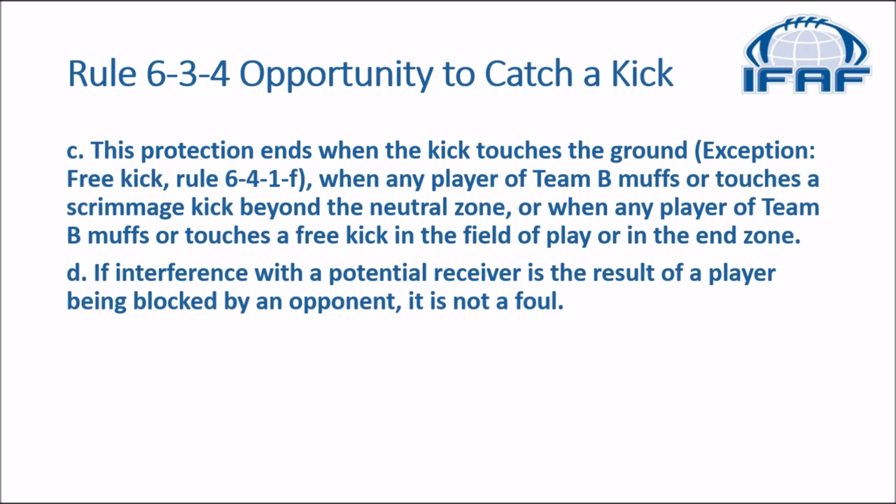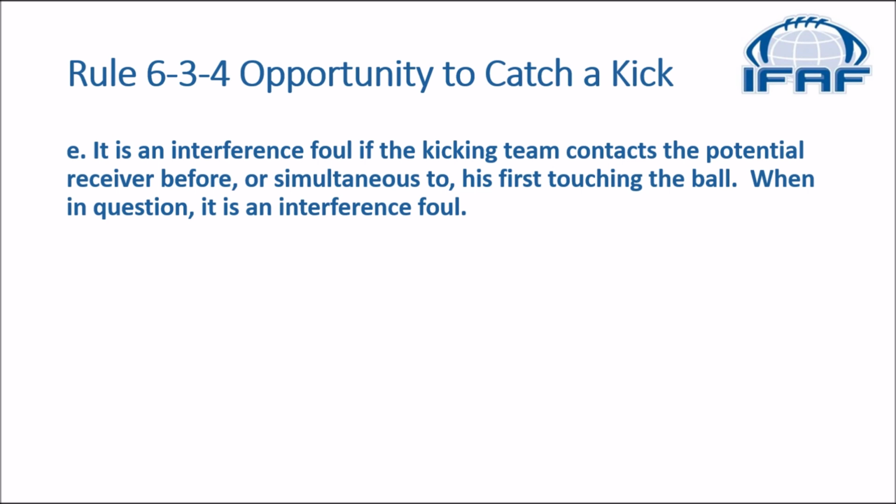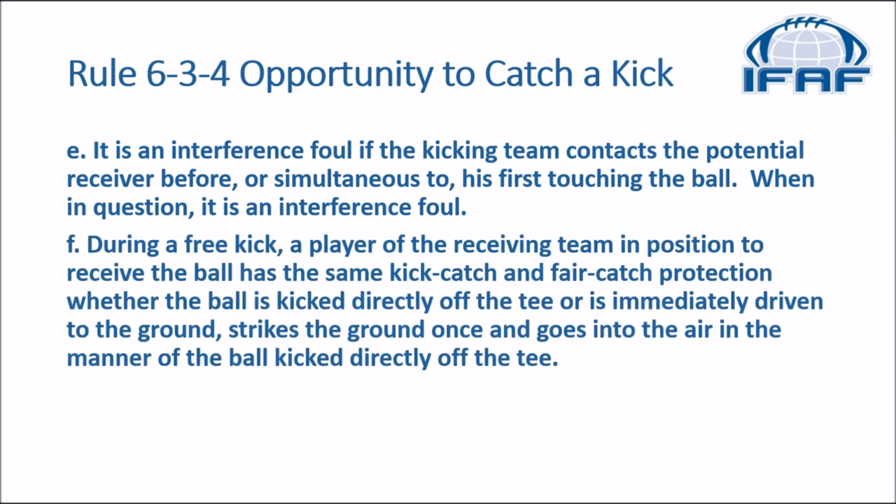D. If interference with a potential receiver is the result of a player being blocked by an opponent, it is not a foul. E. It is an interference foul if the kicking team contacts the potential receiver before or simultaneous to his first touching the ball. When in question, it is an interference foul.